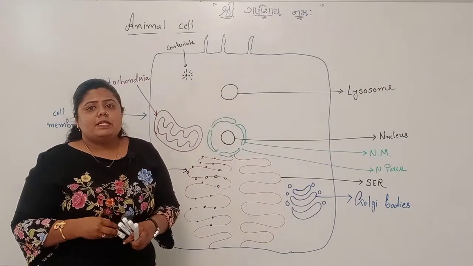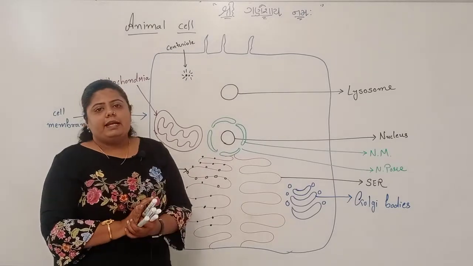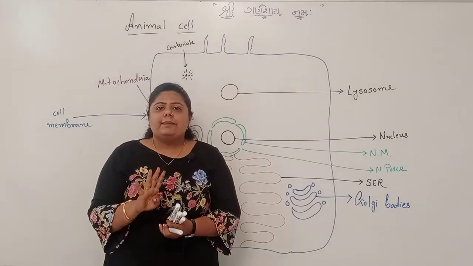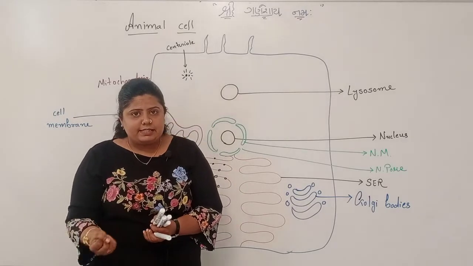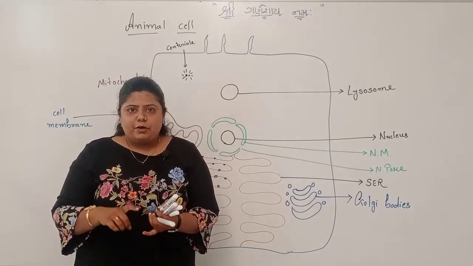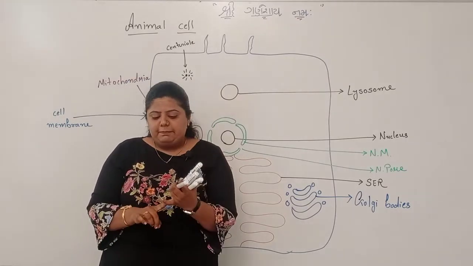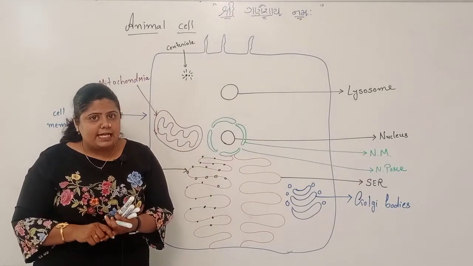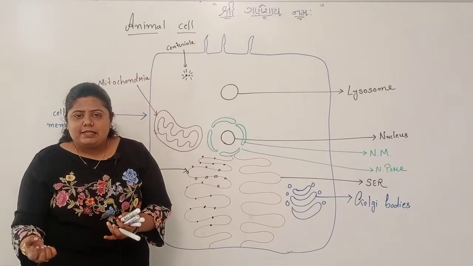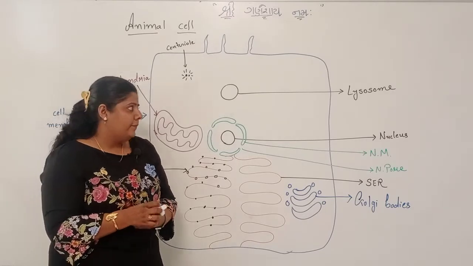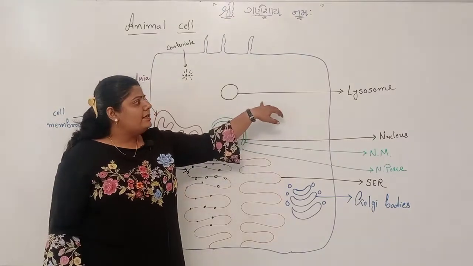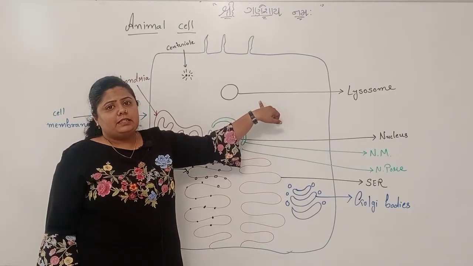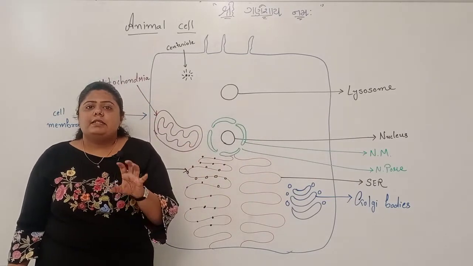A lysosome is a single membrane organelle and it contains 40 types of different digestive enzymes like protease for protein digestion, lipase for lipid digestion, nuclease for nucleus digestion, amylase for carbohydrate digestion. So, it is responsible for digestion of worn out cells.